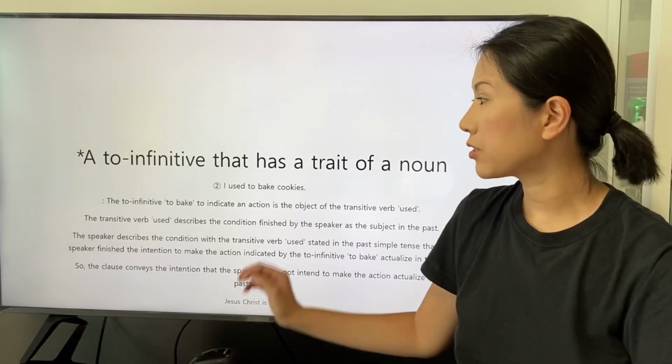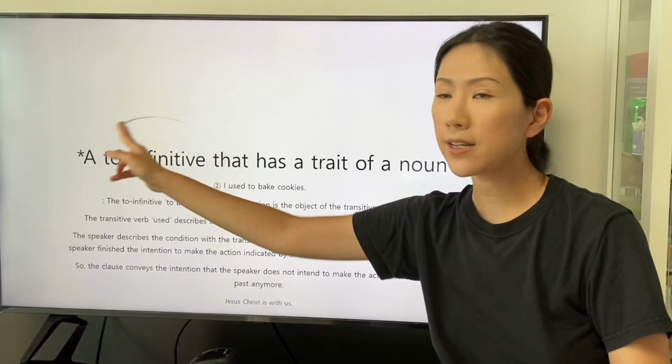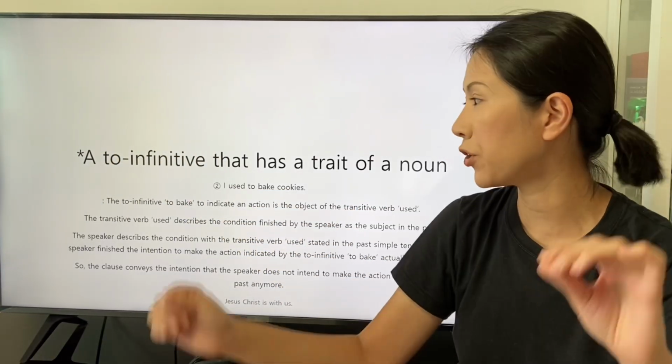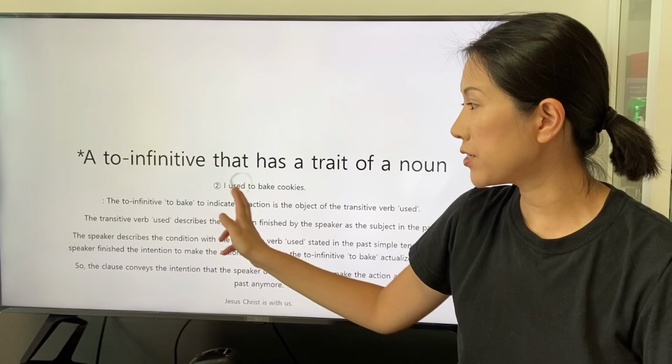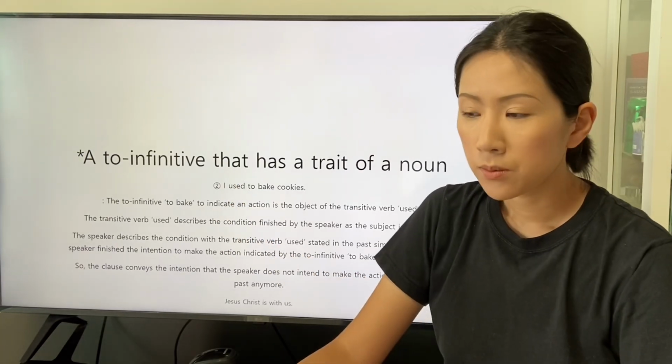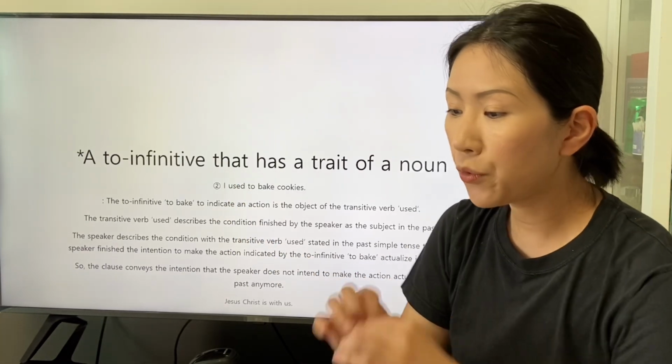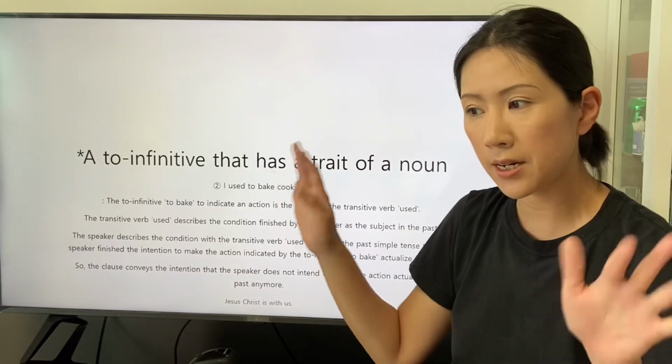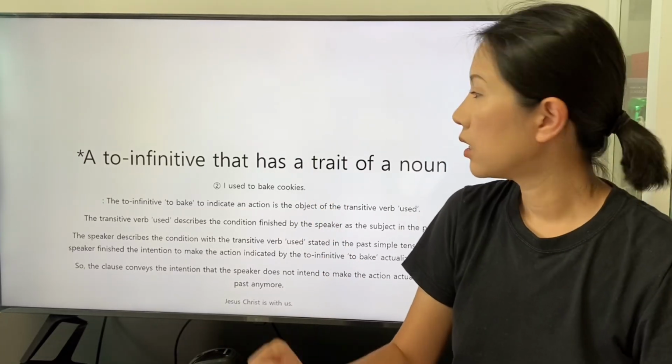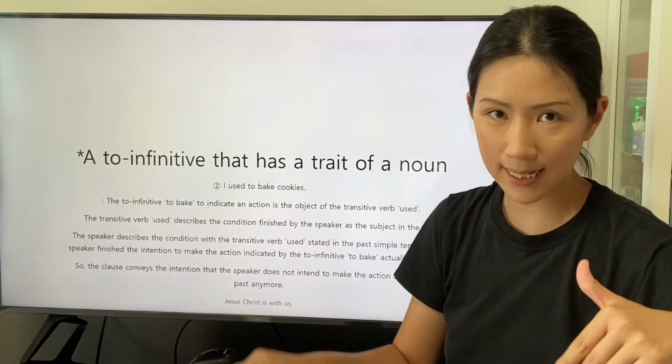There is the other clause that the to-infinitive is applied as an object of the transitive verb used. That reveals that this clause is stated in the past tense. I used to bake cookies.